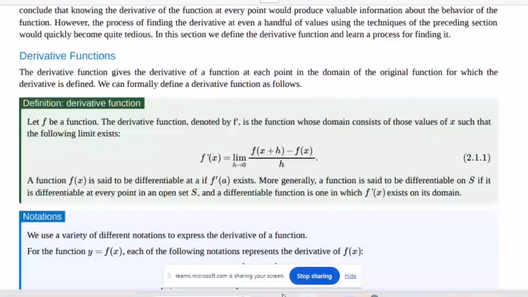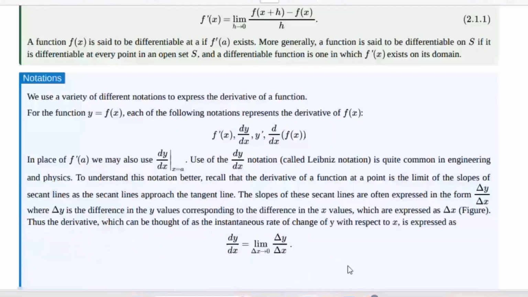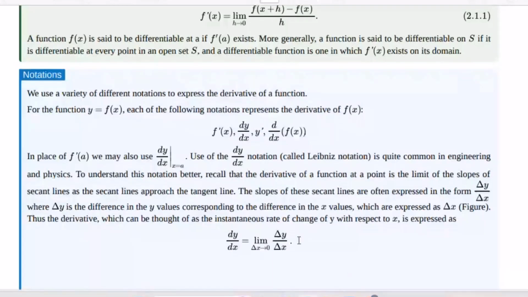If it is clear to everybody, now let me request you to work out this. Oh, okay. Before I go to what I would request you to do, let's briefly talk about this. They say we use a variety of different notations to express the derivative of a function.